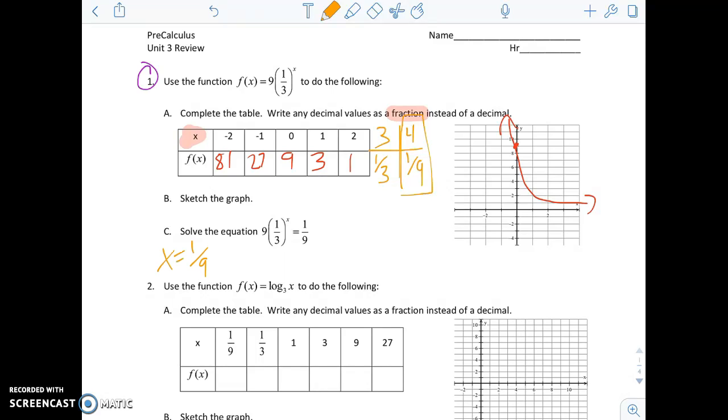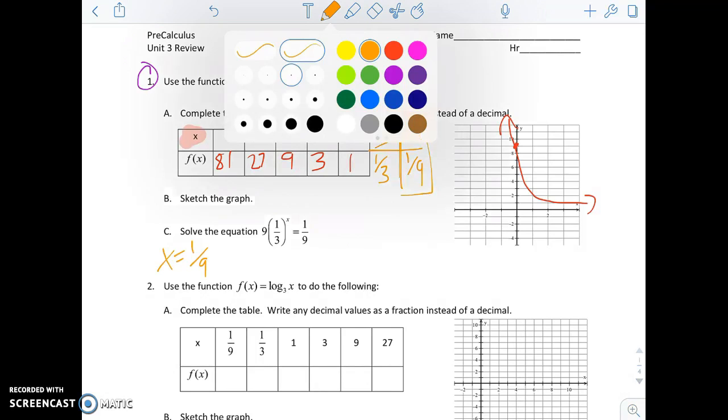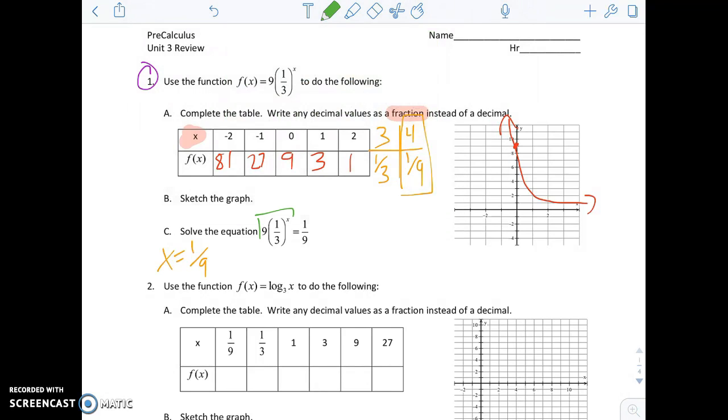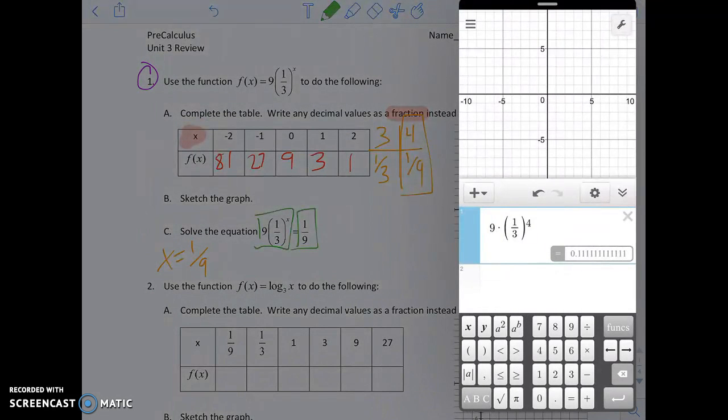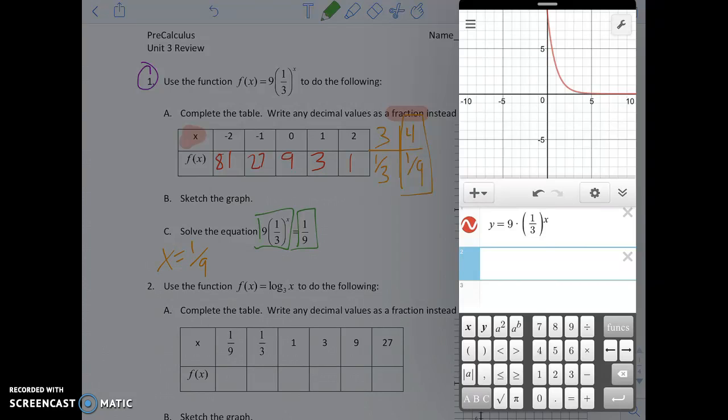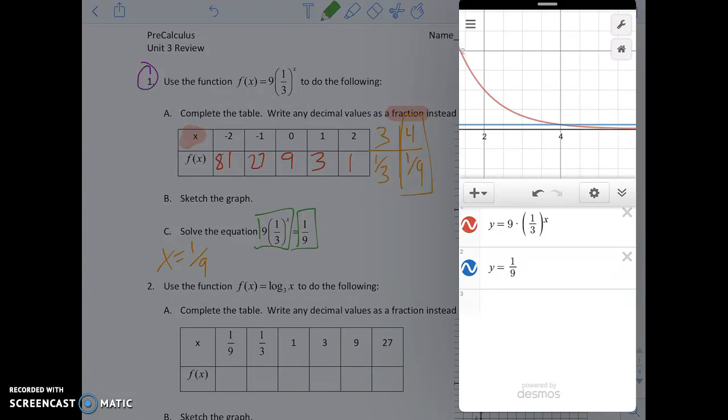The other way we can do this is we can take each half of the equation. So this half and this half. Plug those both into Desmos as separate graphs, so y equals both of them. And y equals 1/9. So y equals each half, and I can find the point where they intersect.